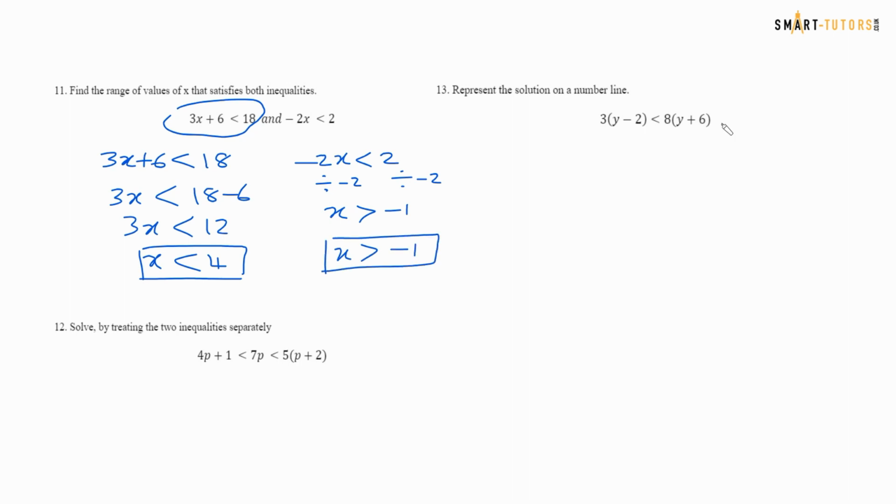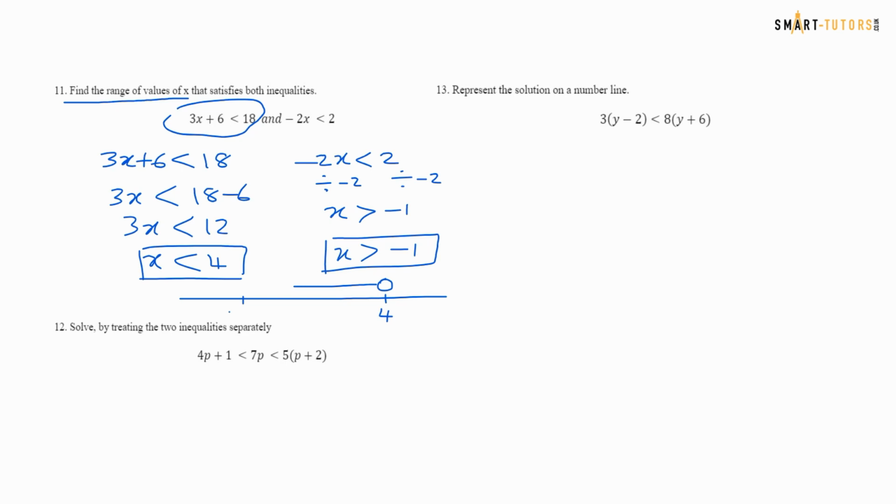So x is greater than minus 1 and x is less than 4. So find the range of the values. What the examiner is expecting is not asking you to draw the number line, but I always draw the number line to understand how the inequality is working. So here, 4, with an uncolored bubble, x less than 4, so the left side.